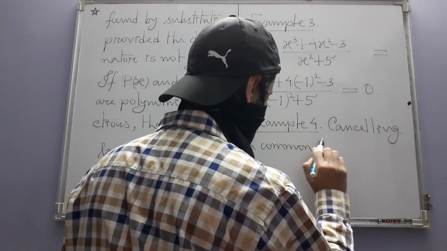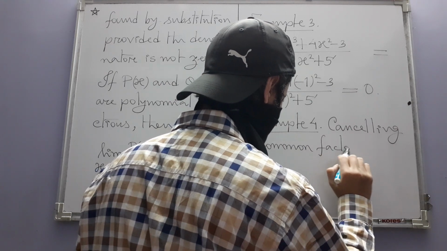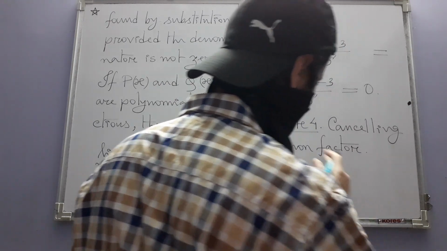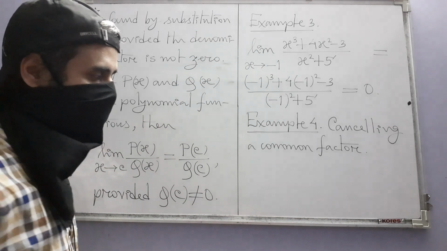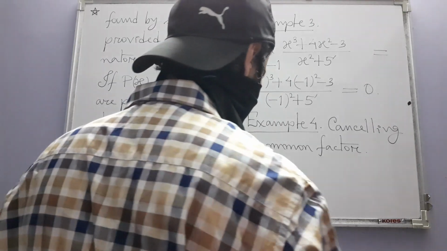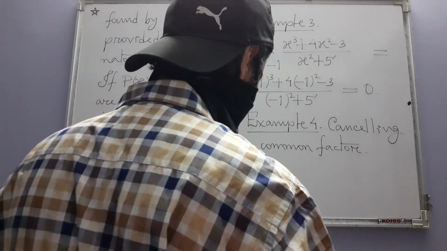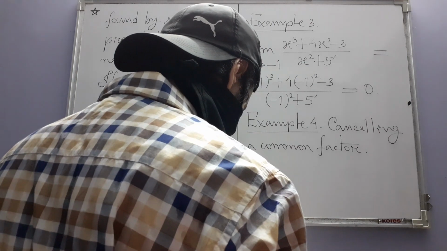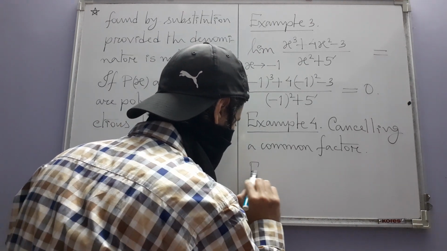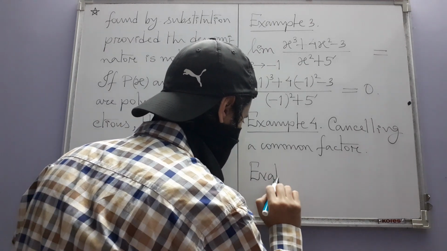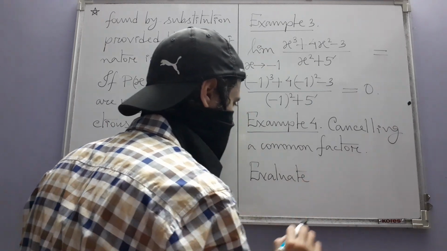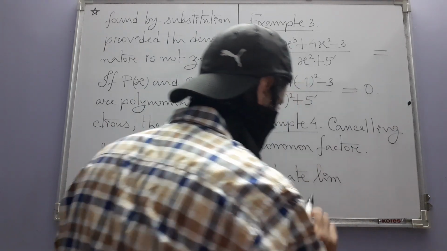Actually these are the tricks that we have already seen while we were solving those exercises, but now we are looking at these things, same things, more systematically. So here the problem is to evaluate this limit.